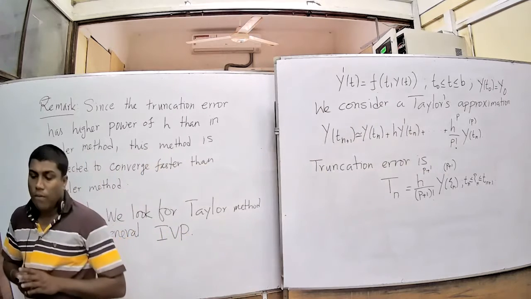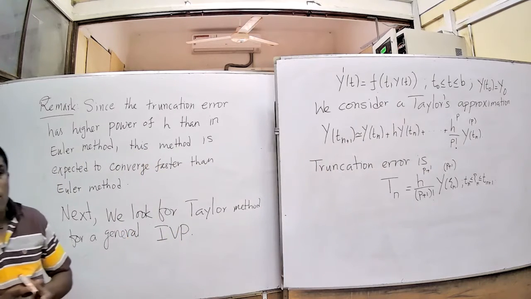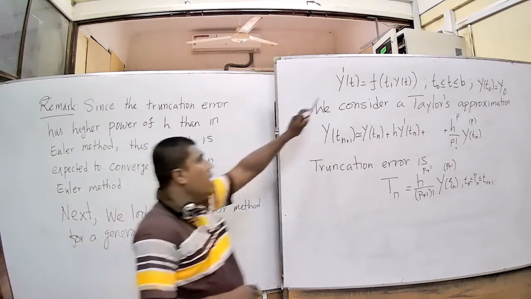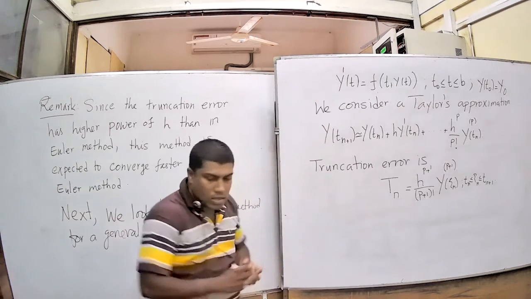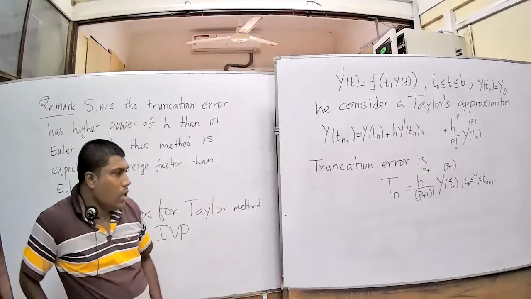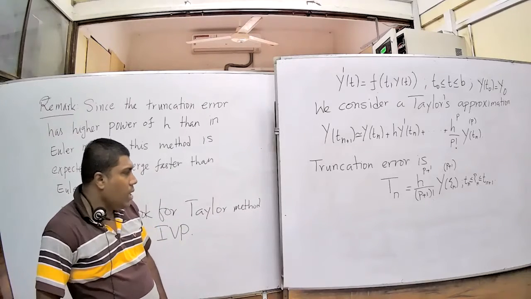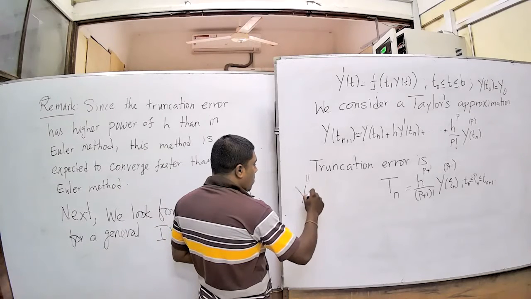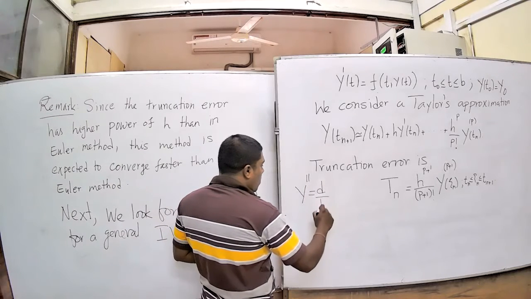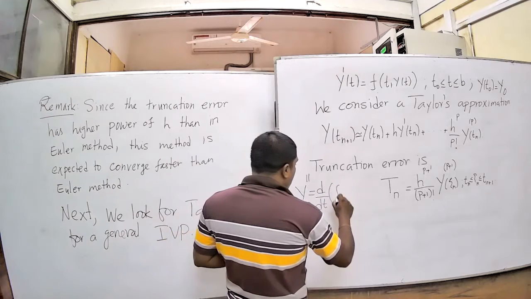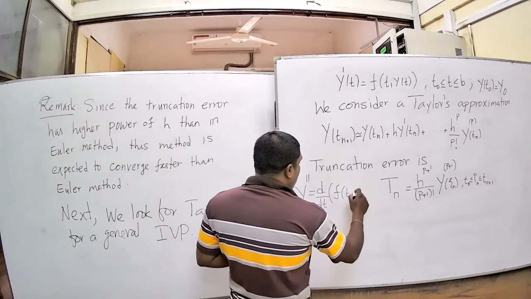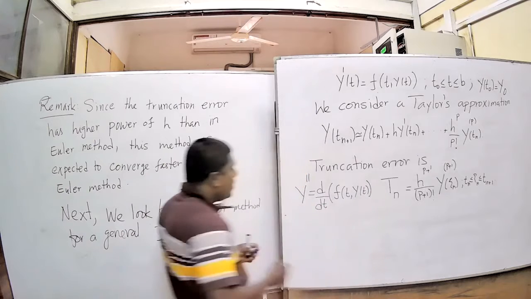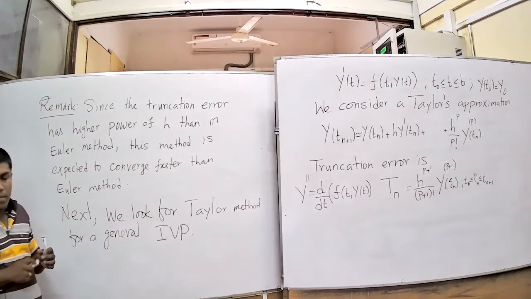But when you take the derivative to get y double prime, this is your y double prime.